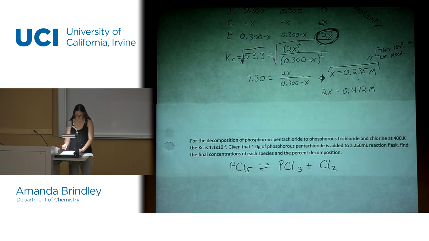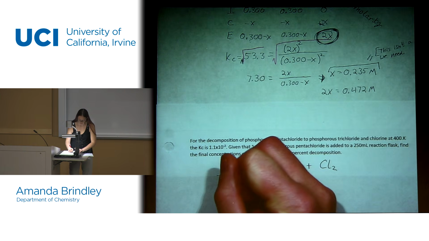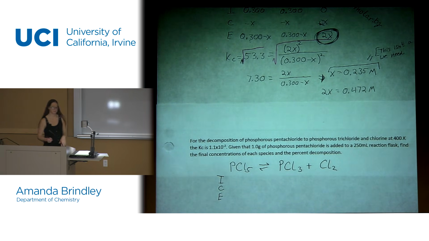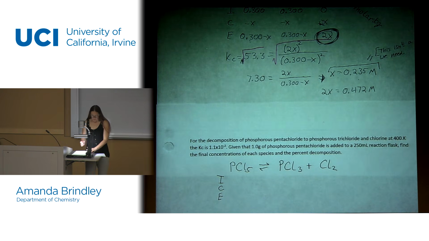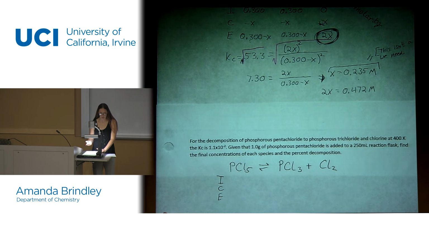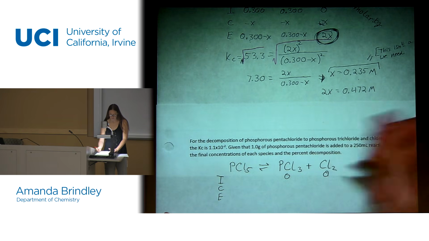And we make our ICE chart. Again, it's our note-keeping device. There are two easy initial ones to fill in. What are those? How much product do I have? 0. So let's get that out of the way first.